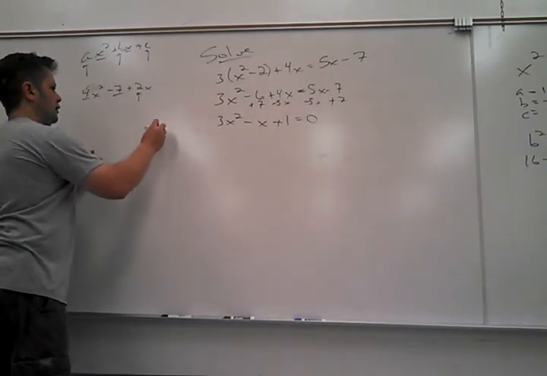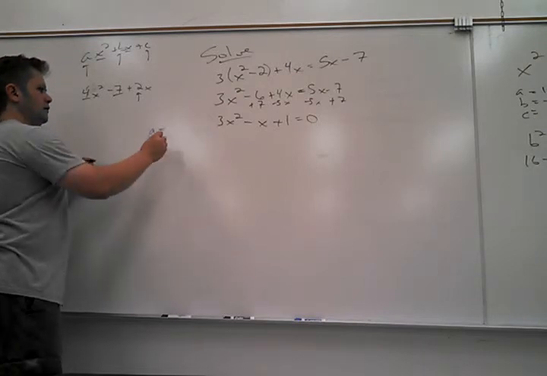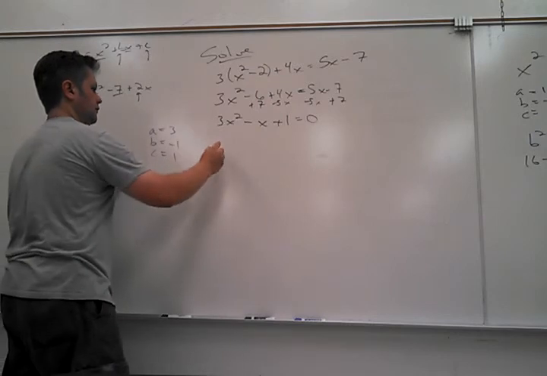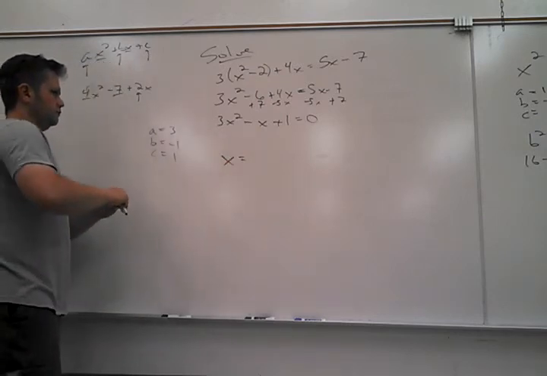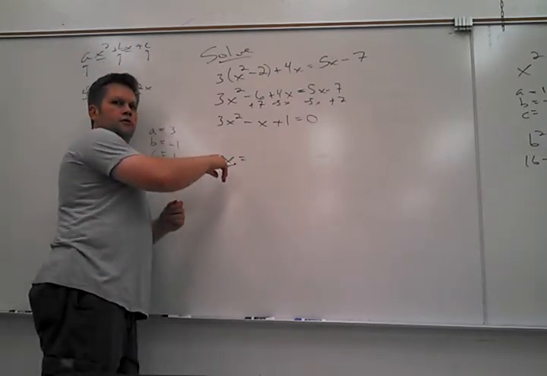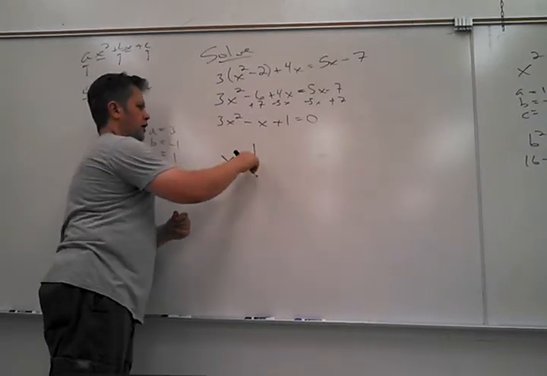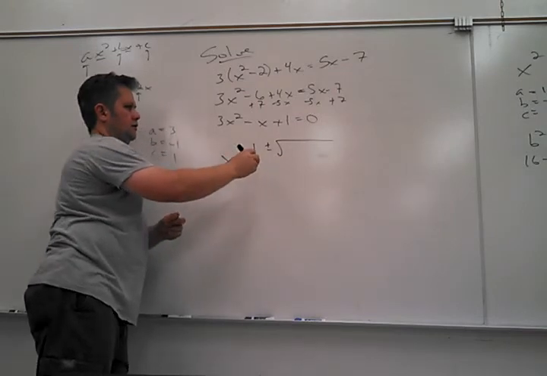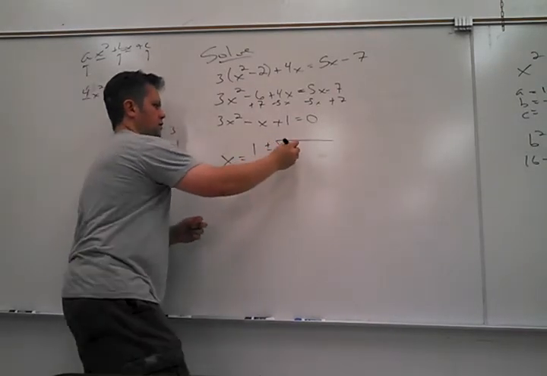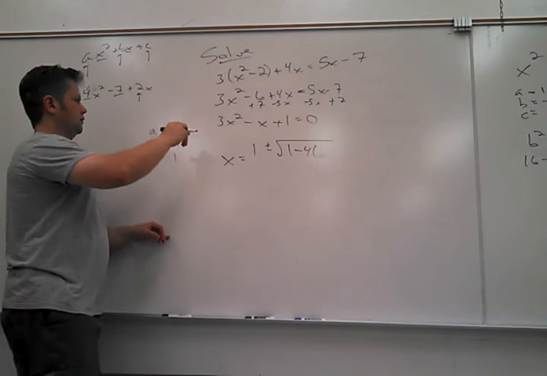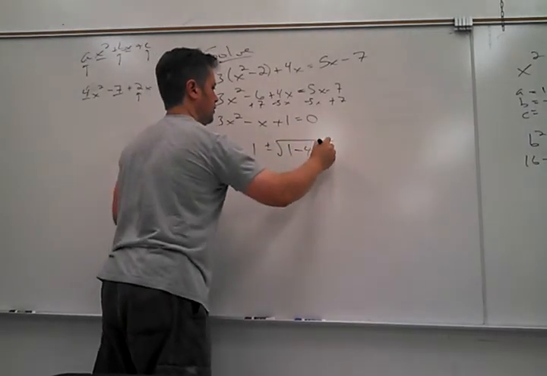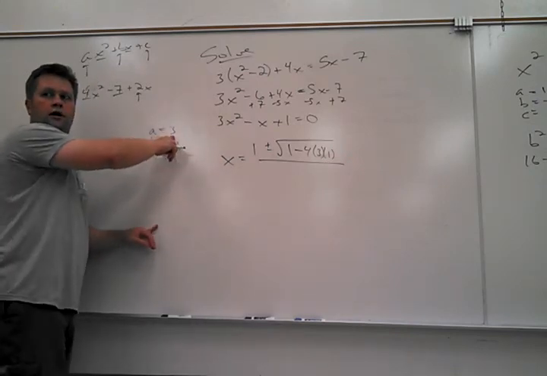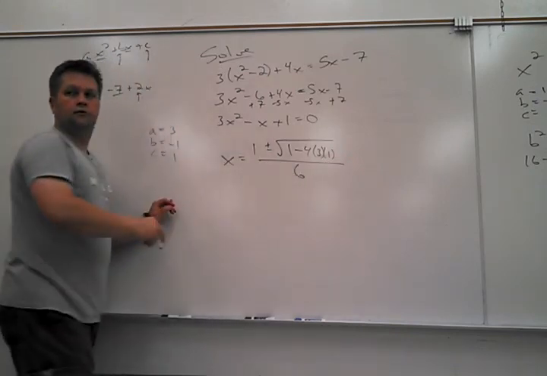So that said, what is A, B, and C? 3, 1, minus 1. I love it. Now you just plug it in. So x equals, negative b, so negative 1, plus or minus, good, the square root of b squared, 1, minus 4 times 3 times 1, right, ac, all over 6, twice 3, 6.